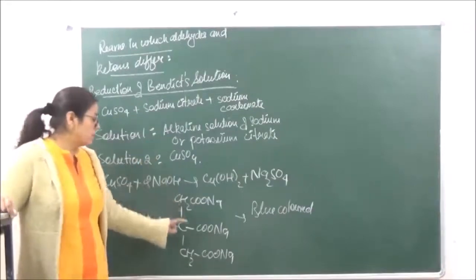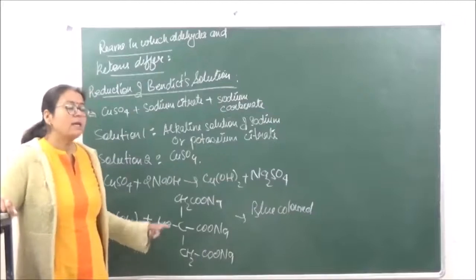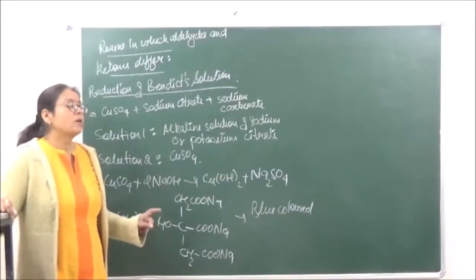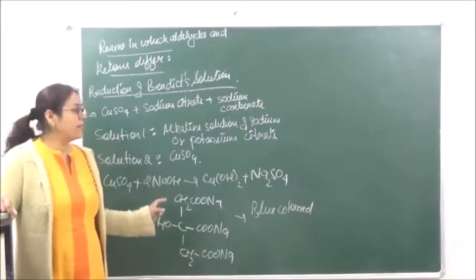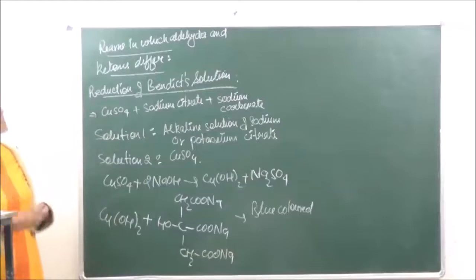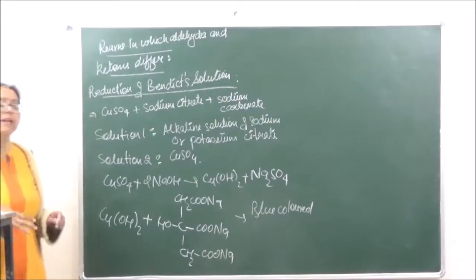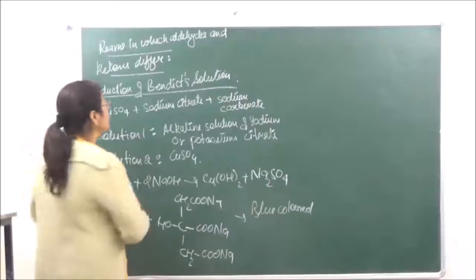If the blue colored complex is giving us a reddish brown precipitate of Cu2O, that means the aldehyde group is present. So this is how oxidation of aldehydes can take place. But oxidation of ketones is going to be different from aldehydes. So let's see how the oxidation of ketones will occur.